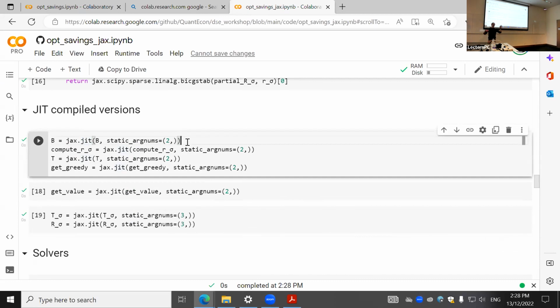What JAX does is essentially look at what we want to send to the GPU, and it tries to fuse all of those operations together and do them in the most efficient way. So rather than sending bits and pieces to the GPU, which is expensive, it looks at the whole operation, figures out the most efficient way to do it, fuses it all together, and then sends it out to the GPU and brings it back.